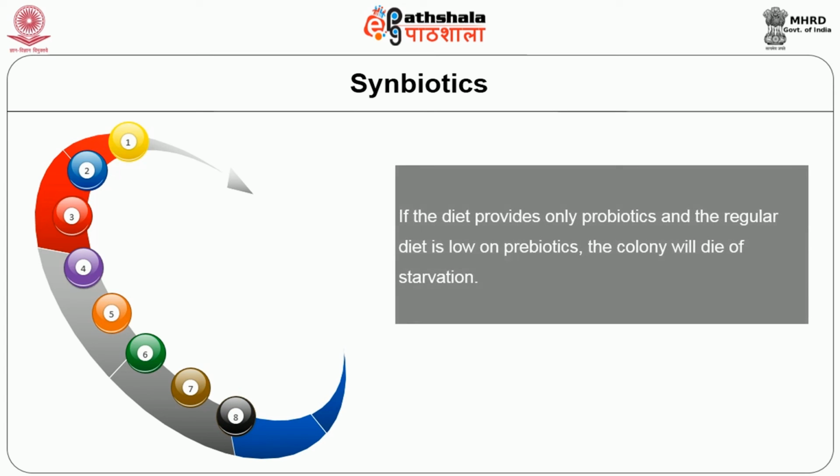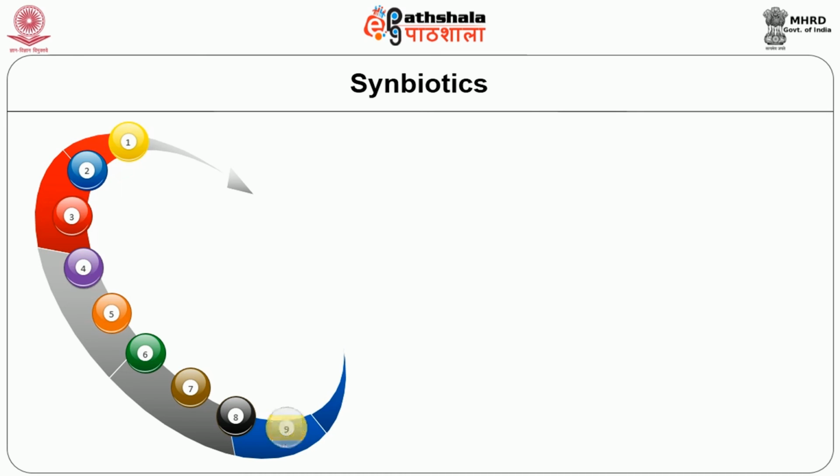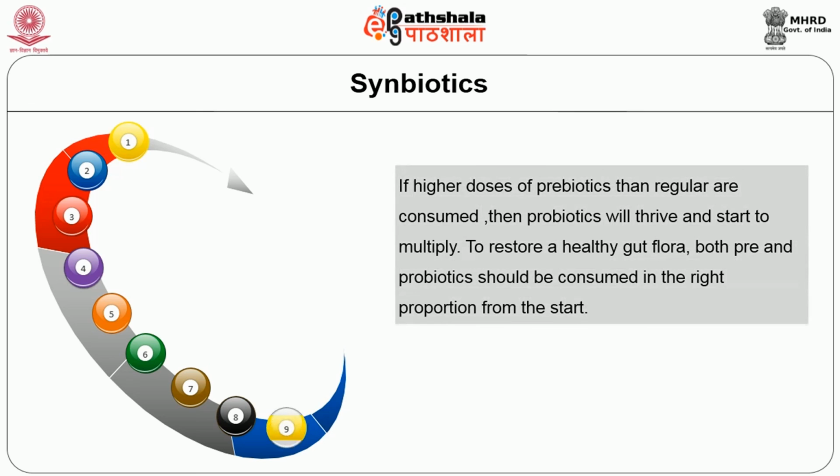If the diet provides only probiotics and the regular diet is low on prebiotics, the colony will die of starvation. If higher doses of prebiotics are there than the regular, then probiotics will thrive and they will start to multiply. To restore the healthy gut flora, both pre and probiotics should be consumed in the right proportion from the start.